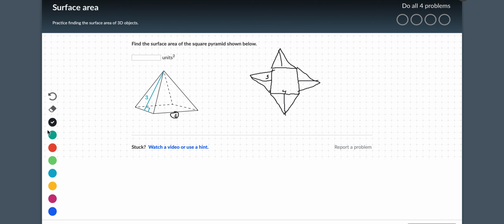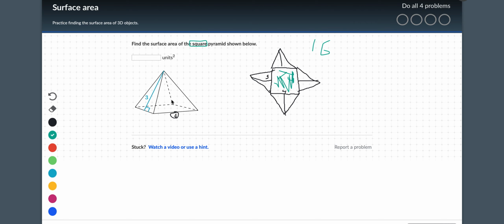Alright, so first we can just figure out the center here. So 4, and then since it's a square, as it mentions here, and also you can kind of tell, that means that is 16 units. So I'm just gonna mark it so we know we've done it.